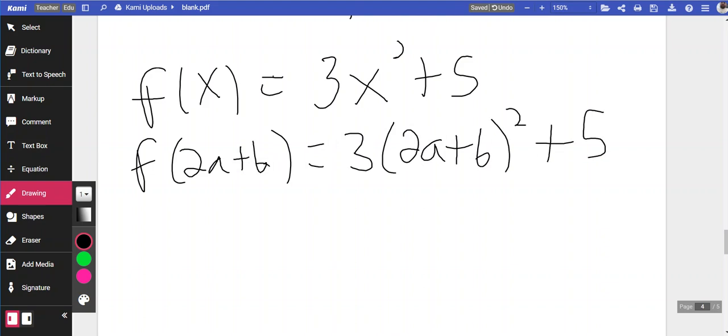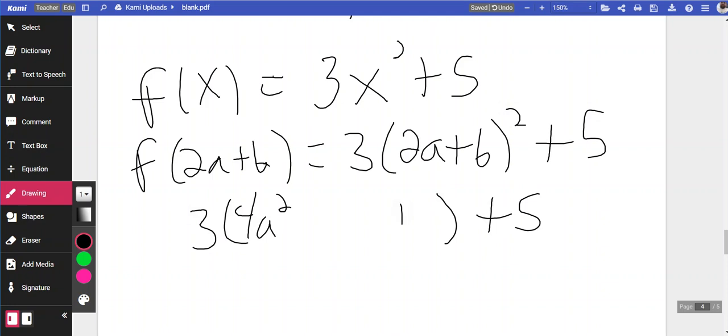So then that is a 3, and then this is like a trinomial. Do you guys remember square the first term? That's 4a squared. Square the last term, that's 36. Multiply those two terms together, 2a and 6 is 12, so that's plus 24a. And if you don't do that, you have to FOIL it out.